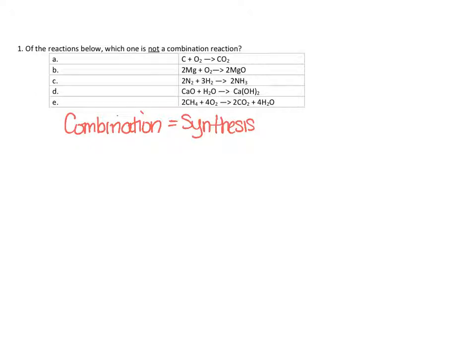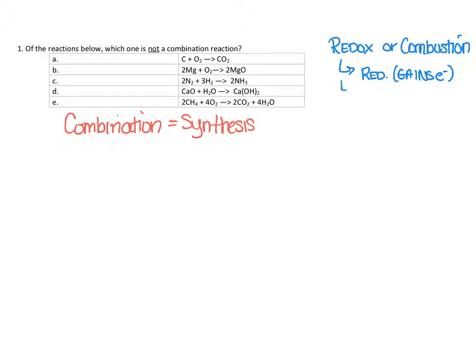Now, unlike our redox or oxidation reduction reactions or combustion, where you're looking for specific things within the elements or within the molecules. So remember, redox, you're looking for something that is being reduced, which is gaining of electrons.